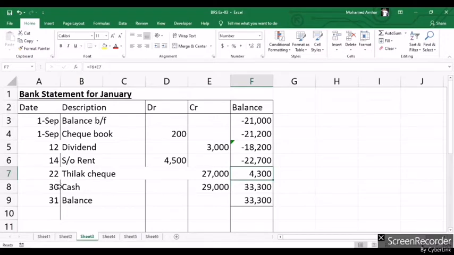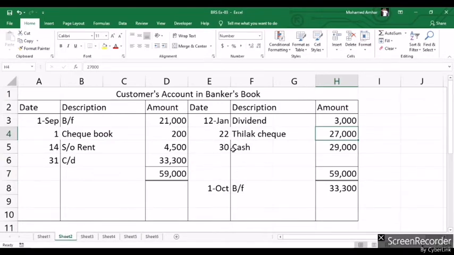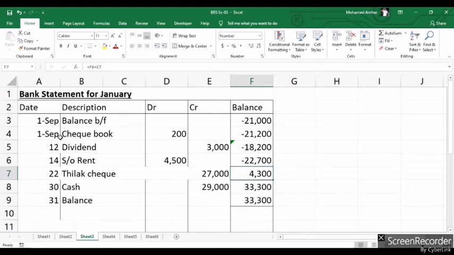Right. Then after the 22nd, the date is 30. On the 30th, what has happened? Cash of 29,000 has been deposited. So that is in the bank statement. On the 30th, cash deposited amount 29,000. So the balance further increases to 33,300.